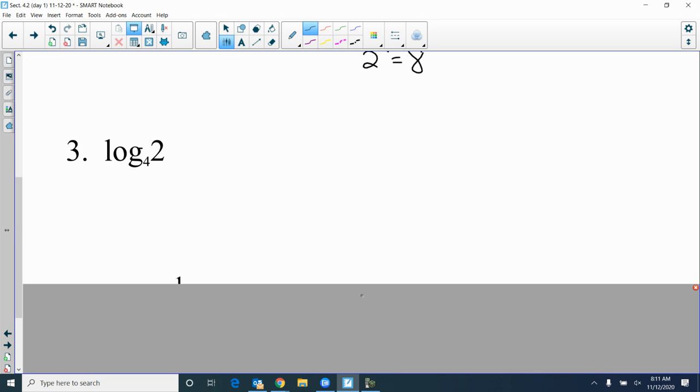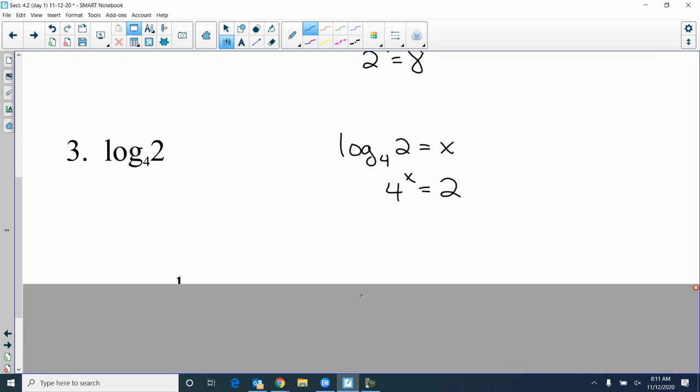All right, not as easy, right? Not as easy. So you got to think about this. So we're saying log base 4 of 2 equals some number. So that means 4 to what power equals 2.